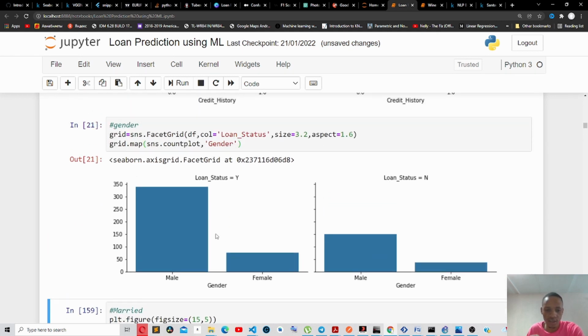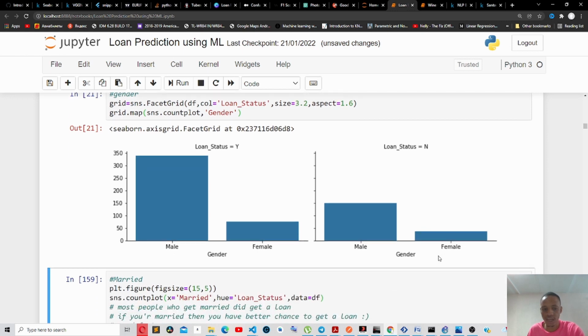As you can see, more males are more likely to be given a loan than females, right? The bar chart for males is greater than for females. As you can see also, males are more likely to be declined for a loan than females, right?